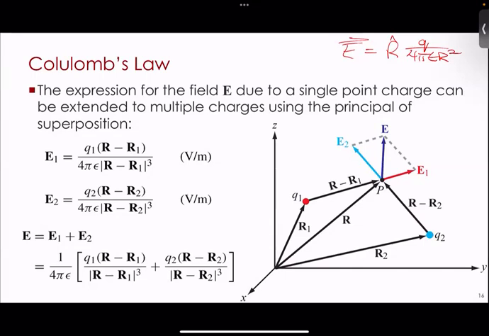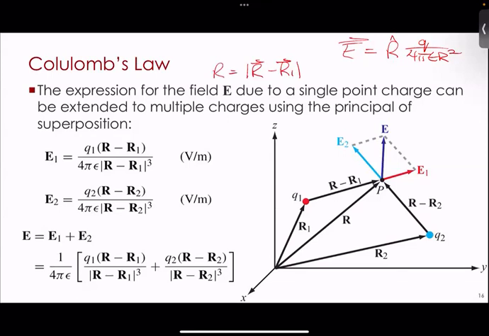Here, this vector is represented by R minus R1. So the equivalent to the R in the bottom is going to be the magnitude of R minus R1.